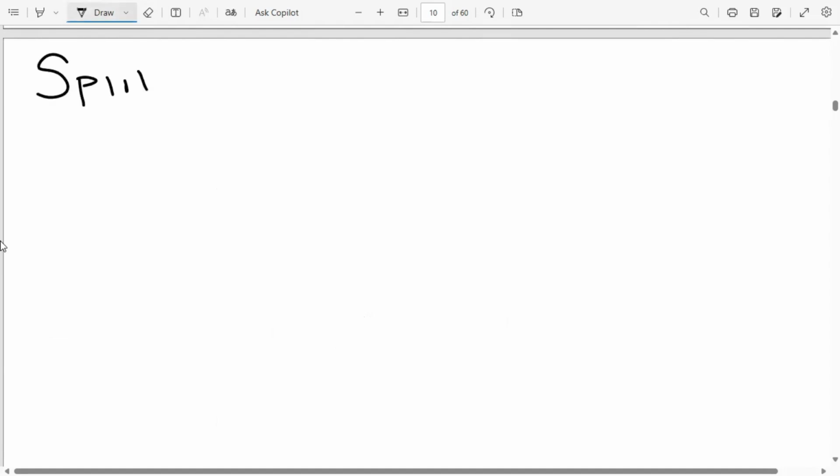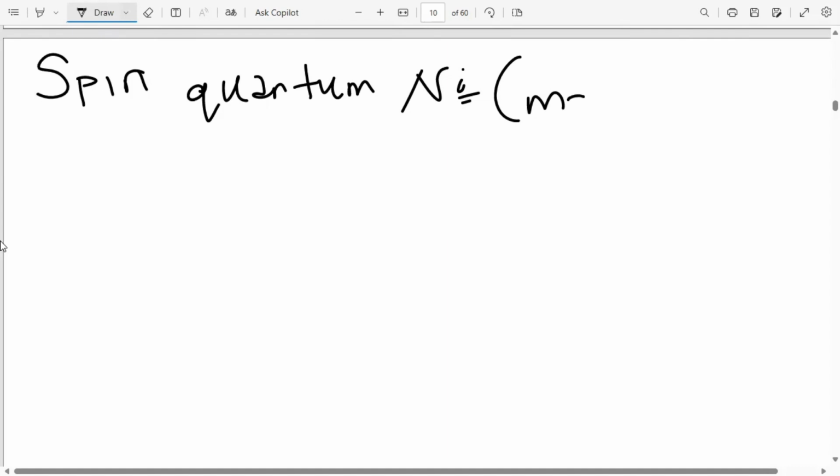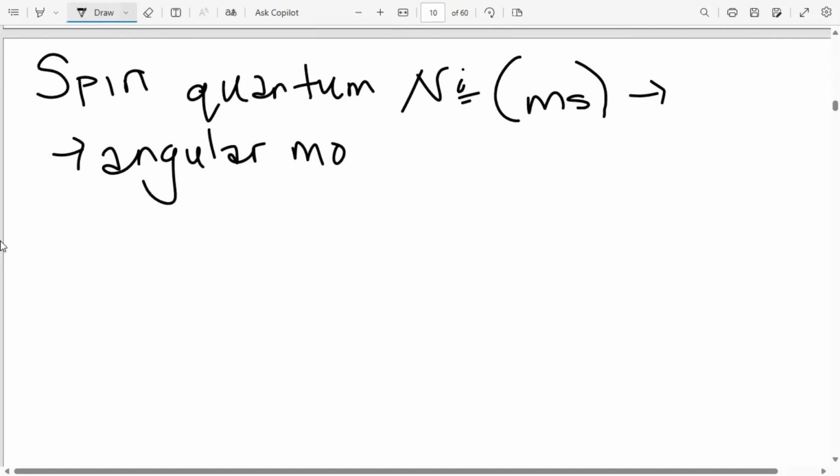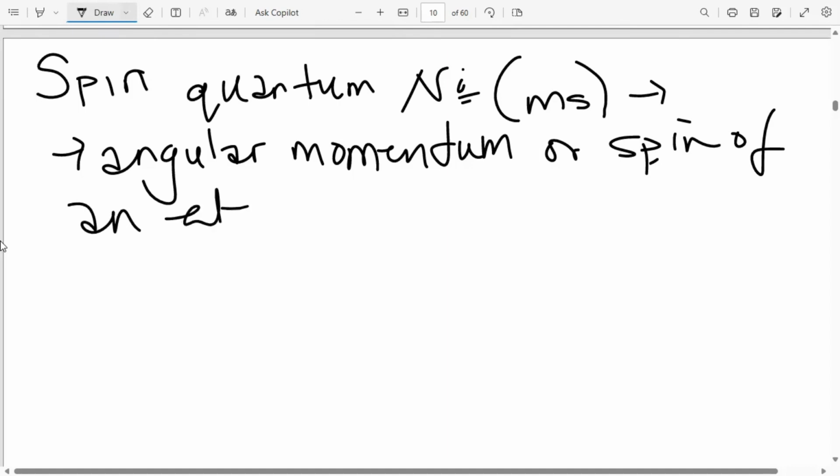The spin quantum number is represented by MS, and this is going to show us the angular momentum of an electron, which is also known as the spin of an electron.